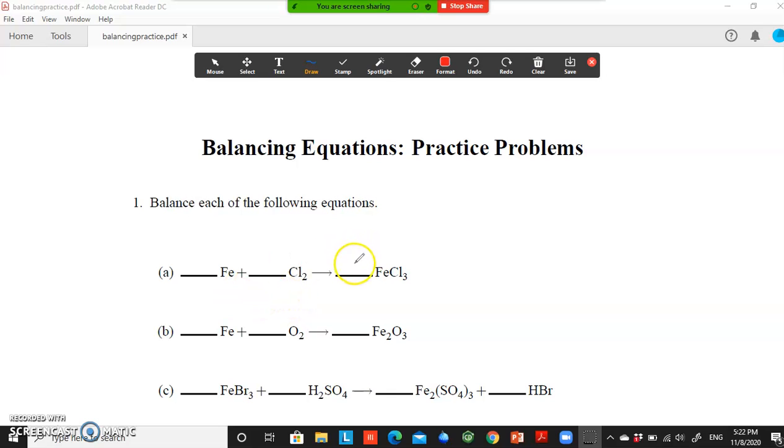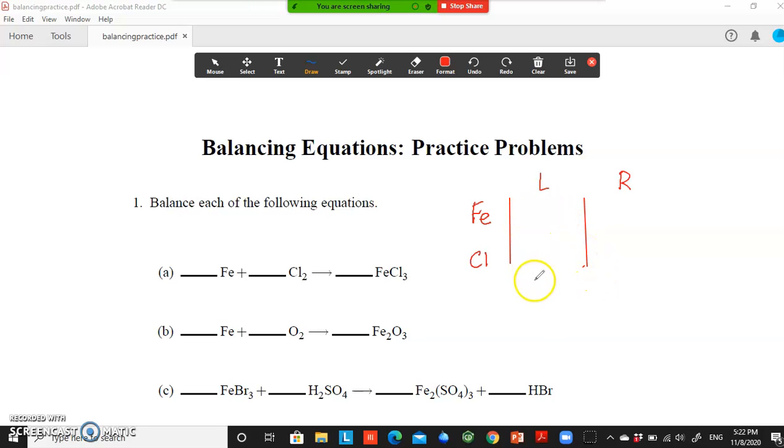In order to do this, the first step is to list down all the atoms that are present in the equation. So first of all, I have iron and then chlorine. These are the two elements that are present in the equation. And then I divide this into two columns. Each column represents the left side of the equation and the right side of the equation.